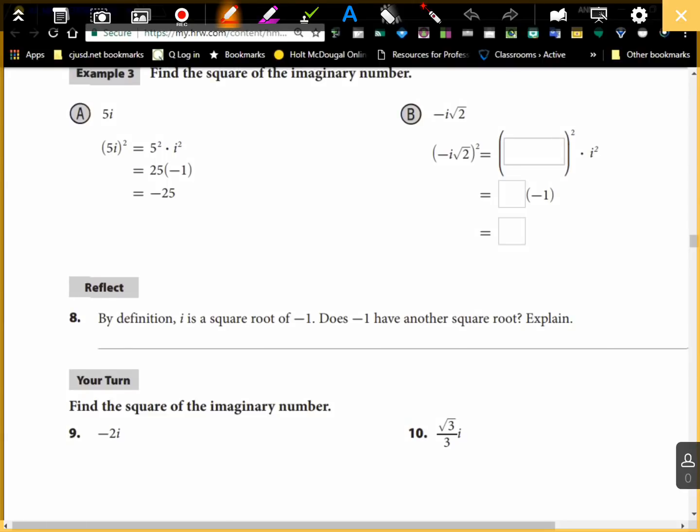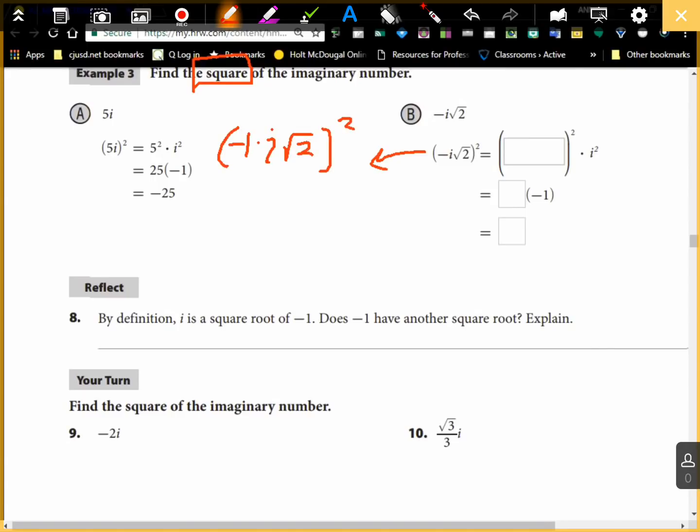The directions say to find the square of my imaginary number. So that's why they're squaring it, is because the directions tell us to. I'm going to do my work to the side because I'm going to do it a little bit different than the book. That negative i square root of 2, that's like negative 1 times i times the square root of 2.